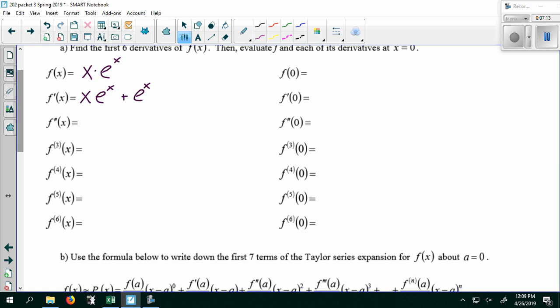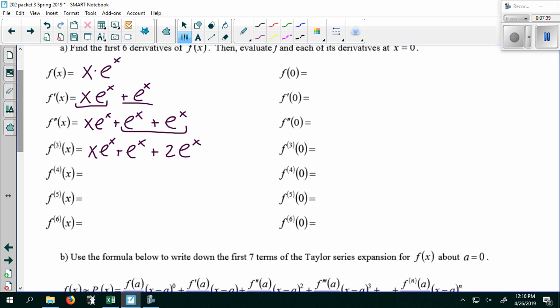And then to get f double prime, I need to use the product rule on this. So I get x e to the x plus e to the x. And then the derivative of this is e to the x. Do it again, and I get x e to the x plus e to the x. And then I still have these two e to the x's to take the derivative of.